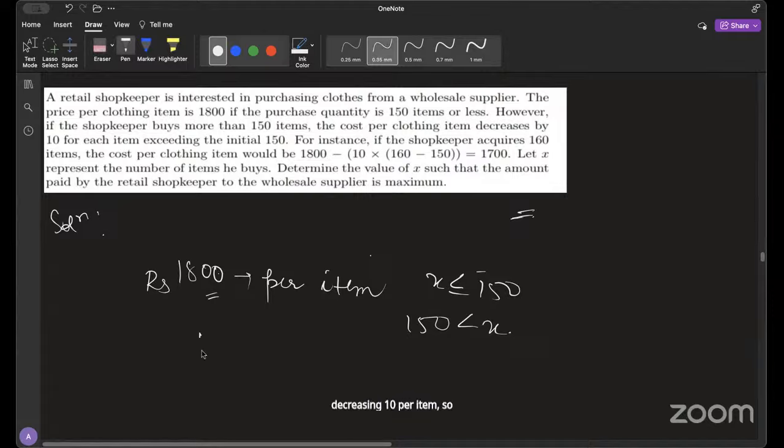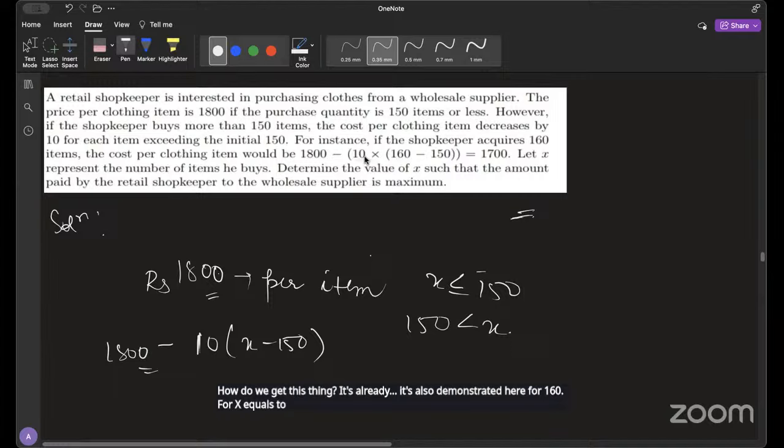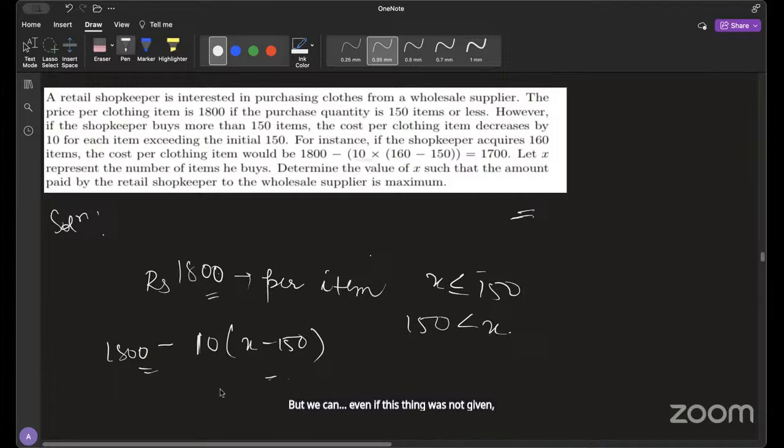So it's this 10 times (x minus 150), and then minus 1800, right? How do we get this? It's also demonstrated here for x equals 160. But even if this was not given, you can find this equation by reasoning.